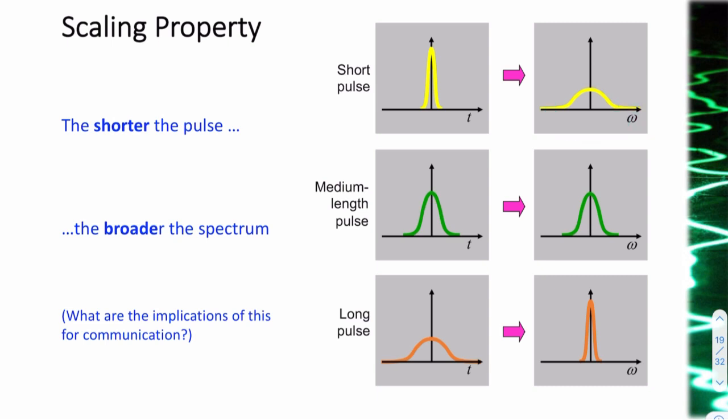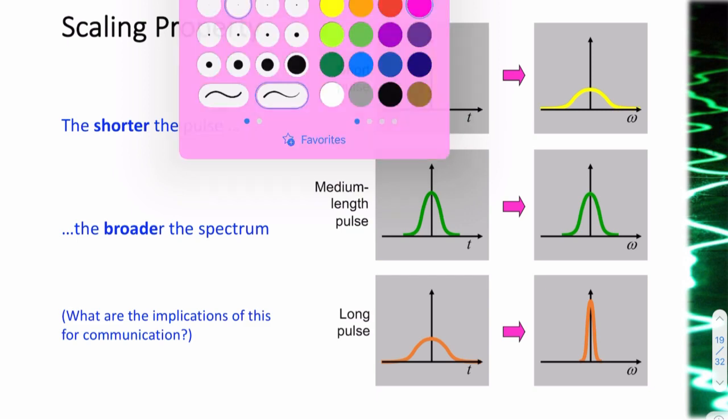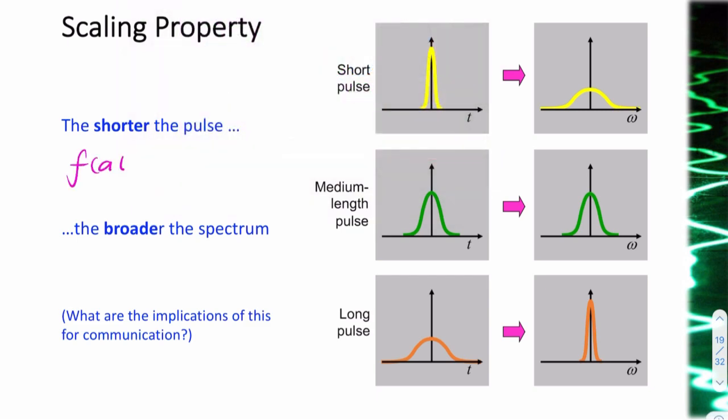Why do we say that? Remember we said f of at gives you 1 over a, f of omega over a. So when you multiply t by a here, let's say a was greater than 1, that would make your pulse narrower.